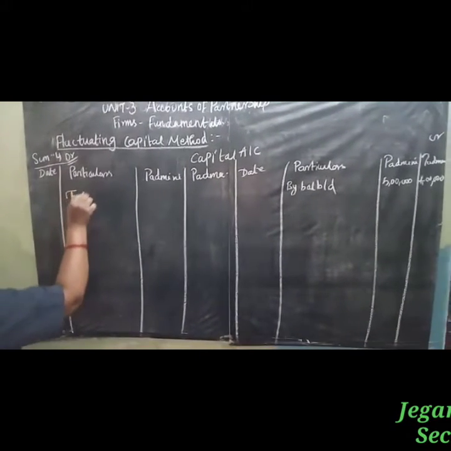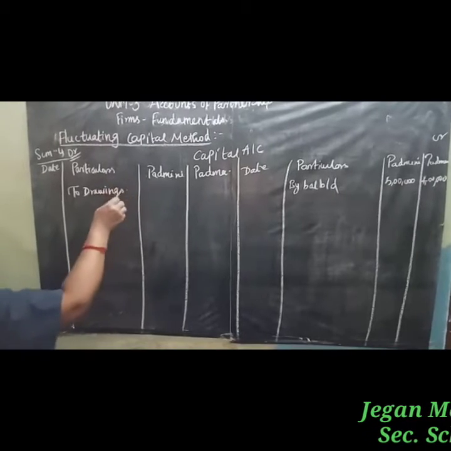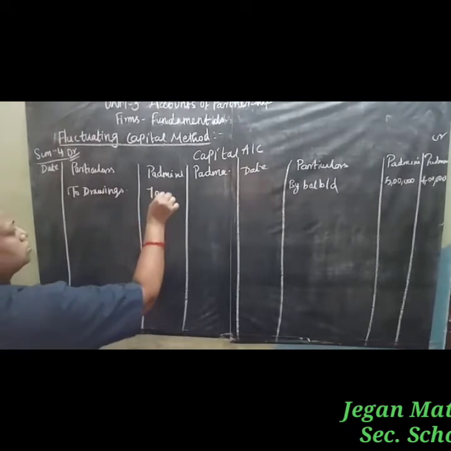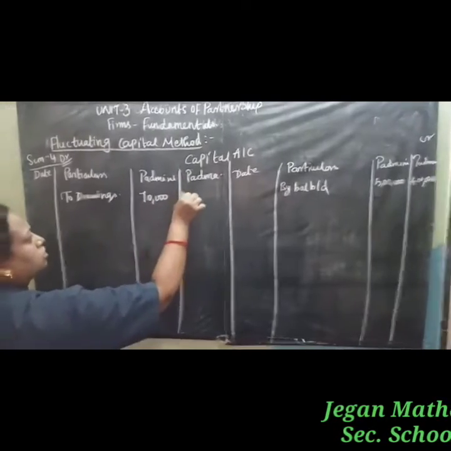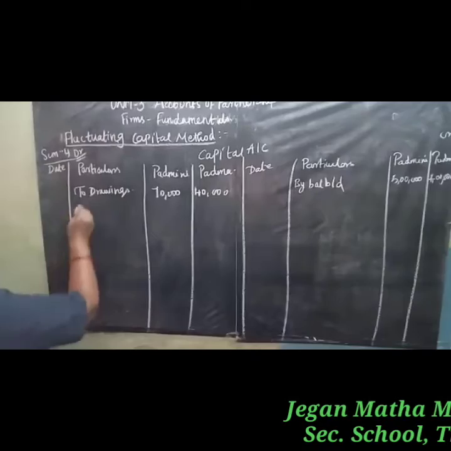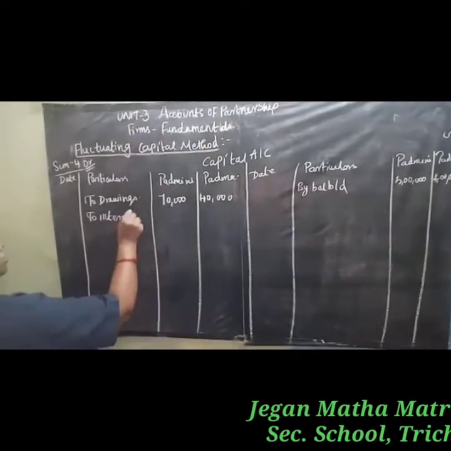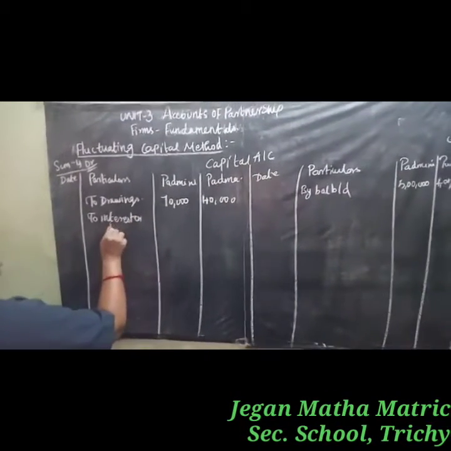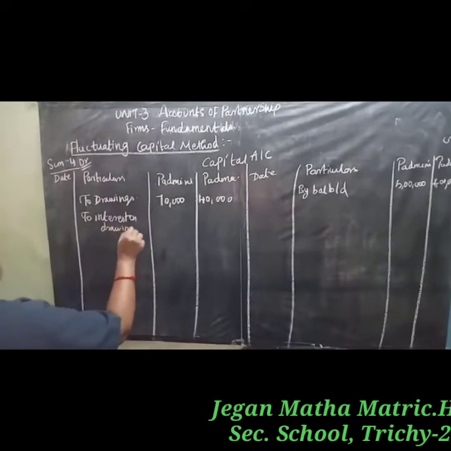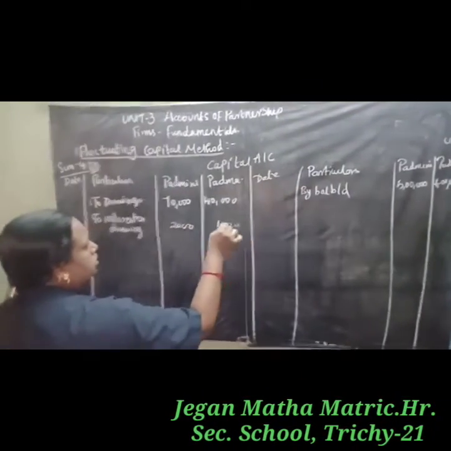Next, drawings. On the debit side, to drawings, 70,000 and 40,000. Next, interest on drawings, 2,000 for Padmini and 1,000 for Padma.